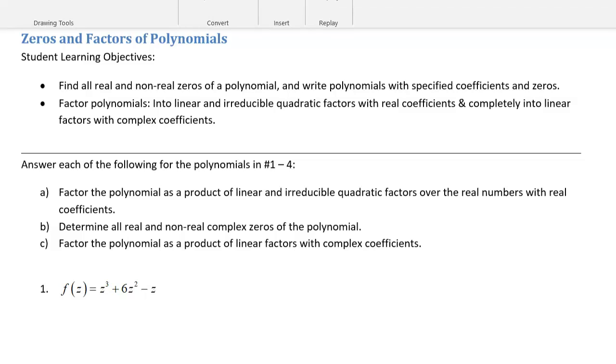The vocabulary up here, make sure you are paying close attention. Part A, they're referring to the product of linear and irreducible quadratic factor. Those are words that you're going to see again, in WebAssign, probably in other places in the lab manual, and maybe on an assessment.